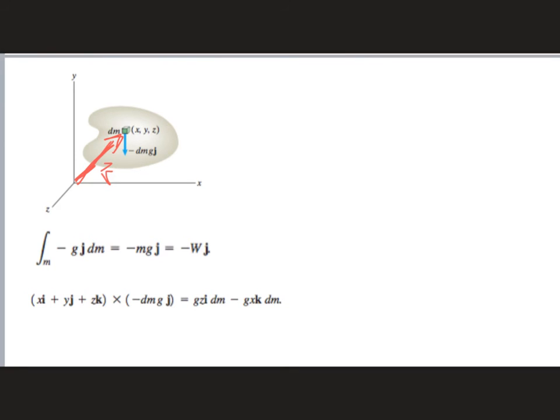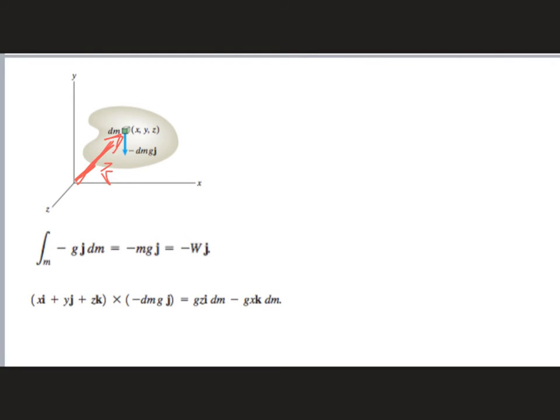And of course, if we do the integral, everything is constant and comes out of the integral except dm, and the integral of dm over the whole mass is just the mass. And of course, m times g is the weight. And so the force acting on this extended object, when you add up the forces acting on all the little pieces that make up the object, is just the weight of the total object. You probably would have guessed that even without looking at the math behind it.